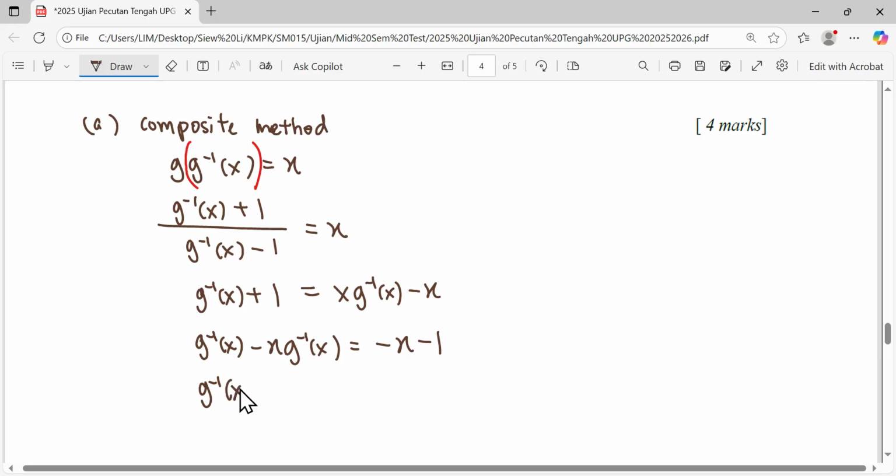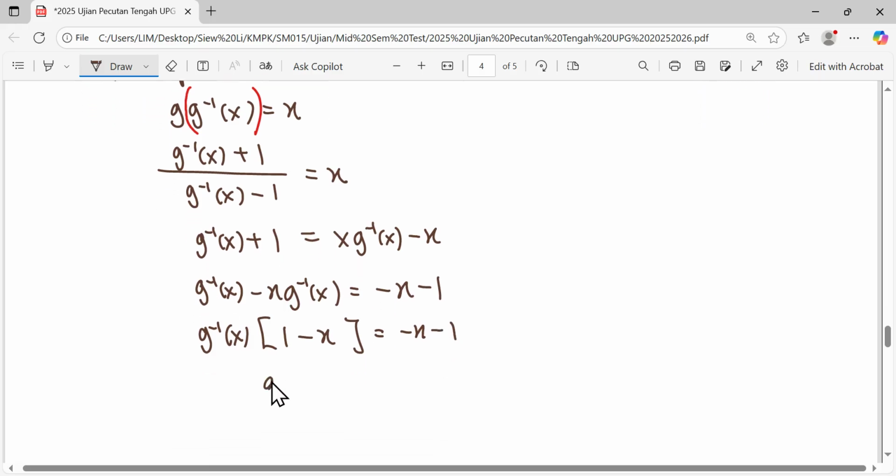Then you factorize out your g inverse function, you get 1 minus x. So here we go, we have g inverse of x equals negative x minus 1 over 1 minus x.